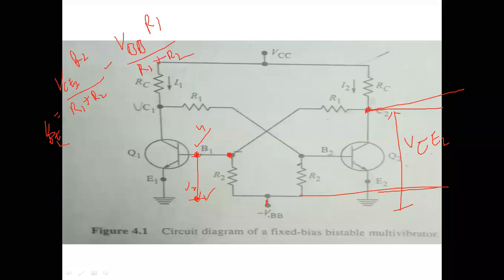At this point, from here to the ground potential, that is nothing but the voltage across VBB. Therefore VBB into R1 divided by R1 plus R2. Simple voltage division, at this point voltage minus this point voltage.